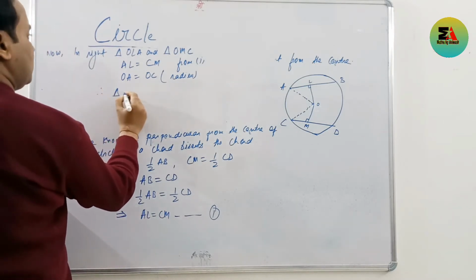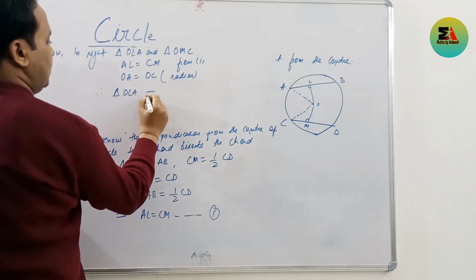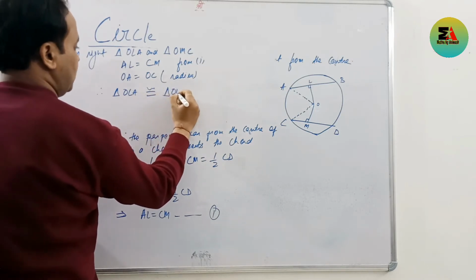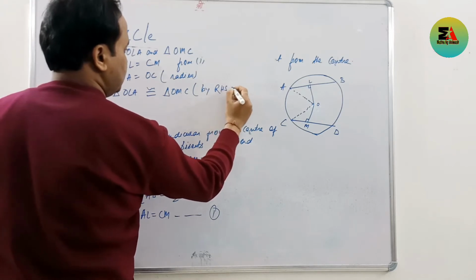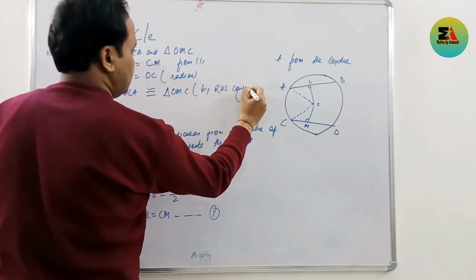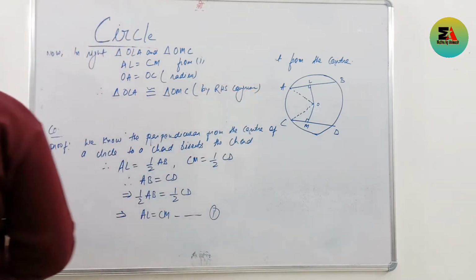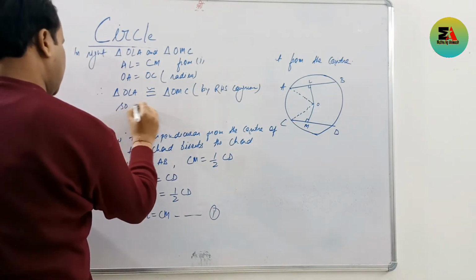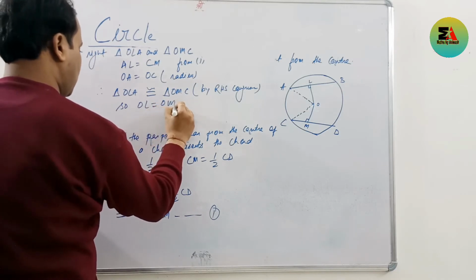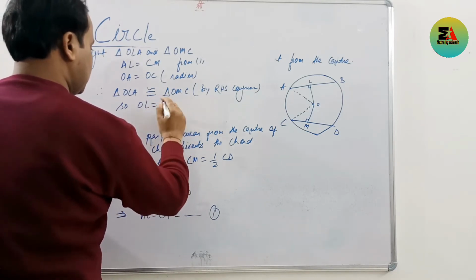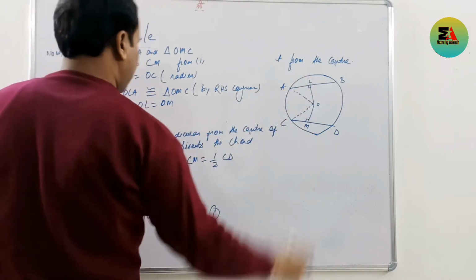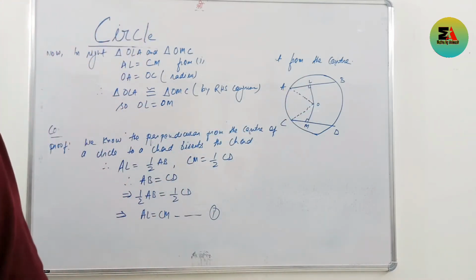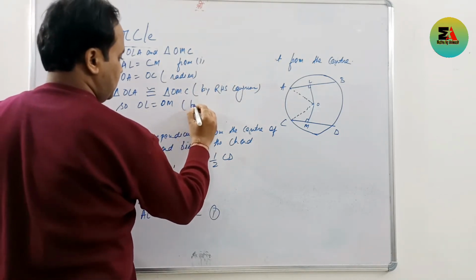Therefore, triangle OLA is congruent to triangle OMC by RHS congruency. So OL is equal to OM by CPCT.